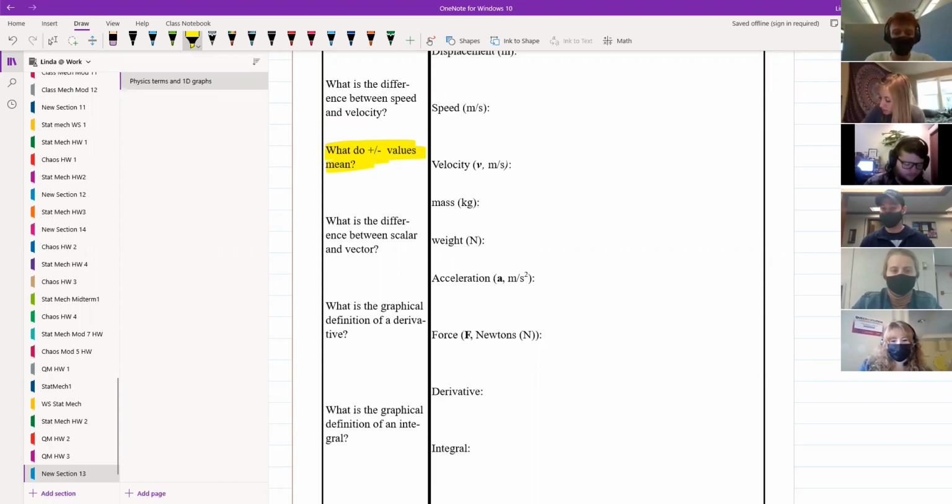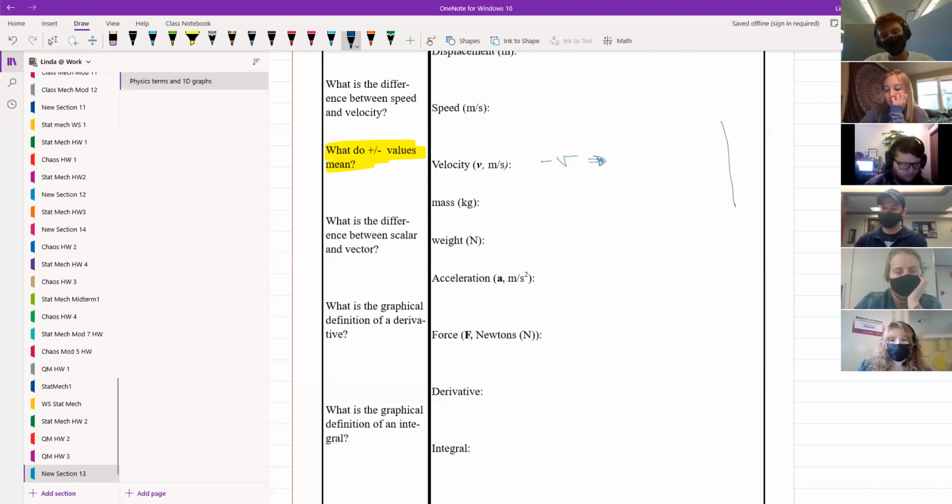Would that be the direction of the vector? Yeah. So now let's take that in terms of velocity. So if I have a negative velocity, does this say anything for me? What does this mean? It really only specifies direction based on whatever coordinate axes you're using. Perfect. Whoever just said that, absolutely.